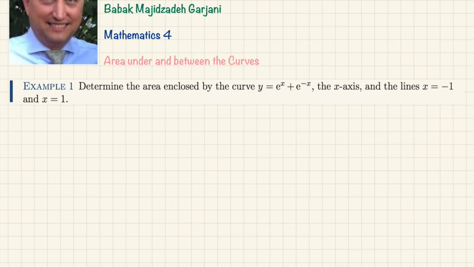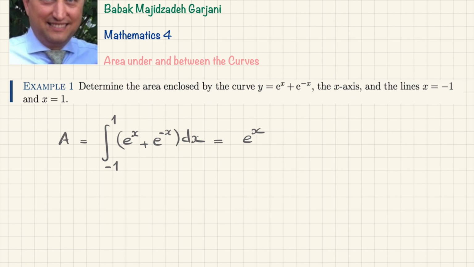So here, the area, let me call it A, would be the integral from -1 up to 1 of e to the power x plus e to the power -x, and then dx. This is very simple, because you know a primitive function for e to the power x is e to the power x.